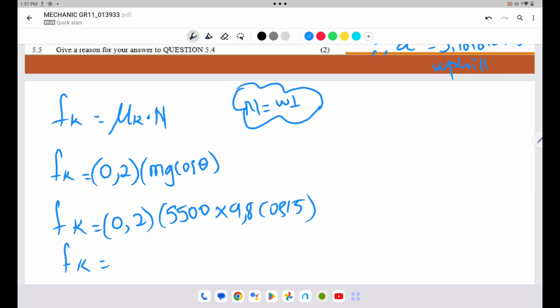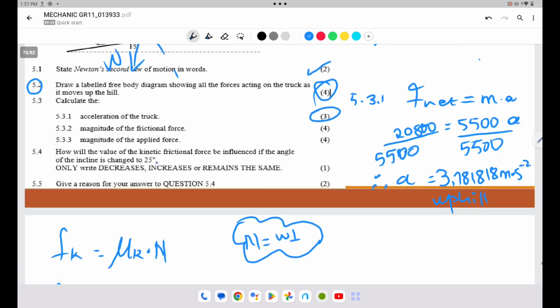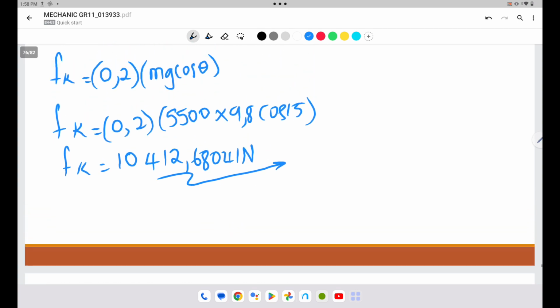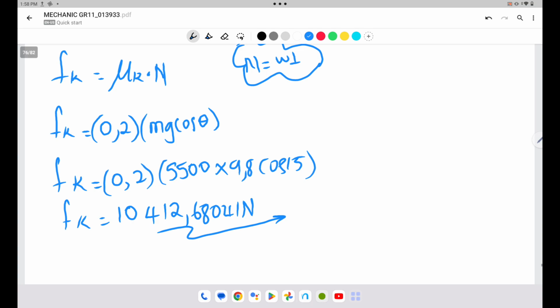So I find that the kinetic frictional force will be 10,412,68041 Newton. There we go. And just to point this out, they said they wanted the magnitude of the frictional force, meaning the size only. So hence I did not even write down the direction on that answer.